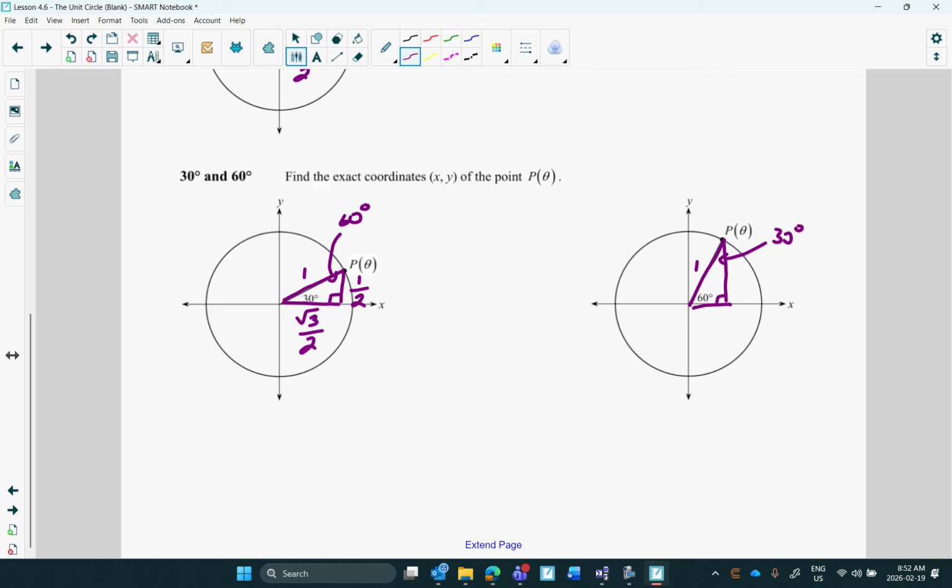Why? Because this is bigger than this. The square root of 3 is 1 point something, right? Where this is just 1. So this is bigger. So root 3 over 2 always represents the long side in a 30, 60, 90 triangle. So therefore, this one would be the short side of 1/2. This would be the longer side of root 3 over 2.